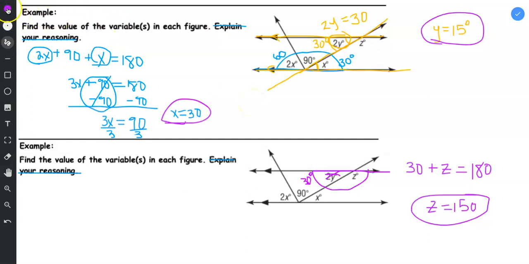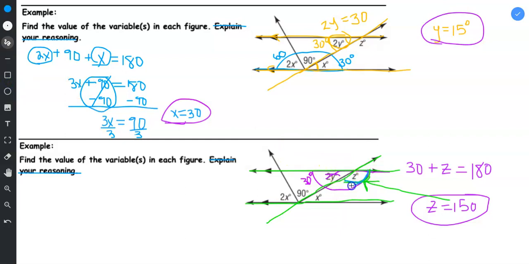So we have finished this problem. The only other interesting tidbit that I could add is if we look back at the parallel lines and this transversal, and we just found that z equals 150. So if I look at this angle here, maybe I should use a different color.